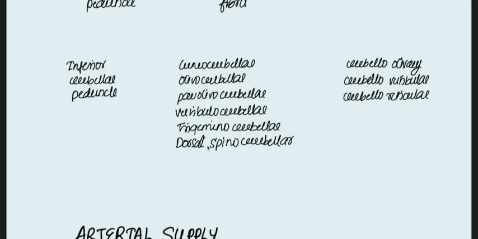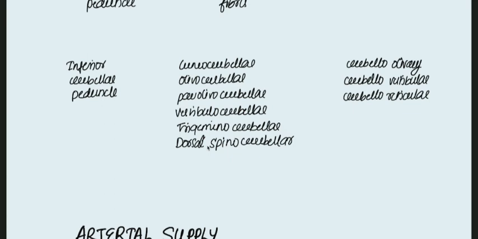The vestibulocerebellar tract arises from the vestibular nucleus. The trigeminocerebellar tract arises from the spinal nucleus of the trigeminal nerve located at the level of the medulla. The dorsal spinocerebellar tract arises from the level of the spinal cord.